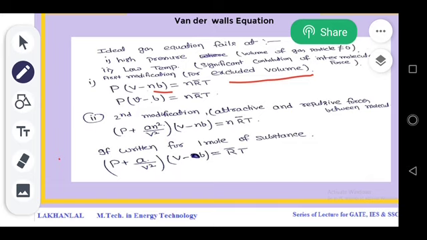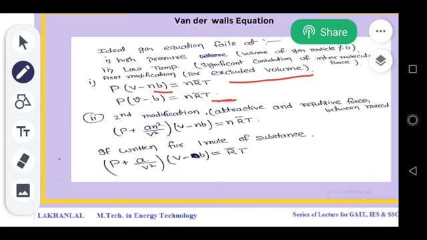Your equation will be something like P into (V minus nb) is equal to nRT. And here the small v is your molar volume, meter cube per mole. So when you divide this by n, you will get this. So in terms of this, the equation will be something like this.